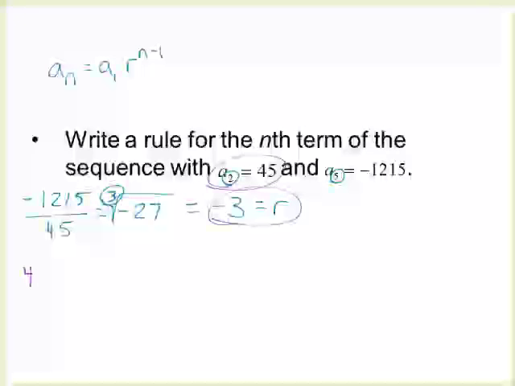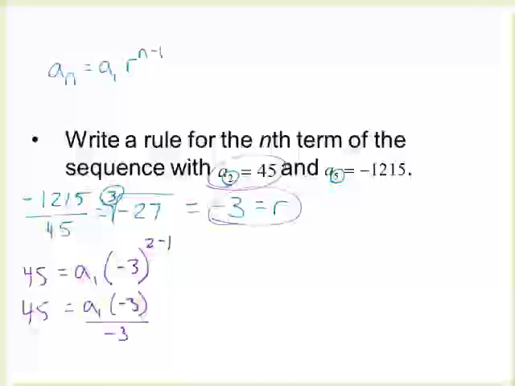So 45 equals a sub 1, which we still don't know, times r, which we just found is negative 3. 45 is the second term, and then n minus 1 is the formula. So that gives a first power, so just a negative 3.